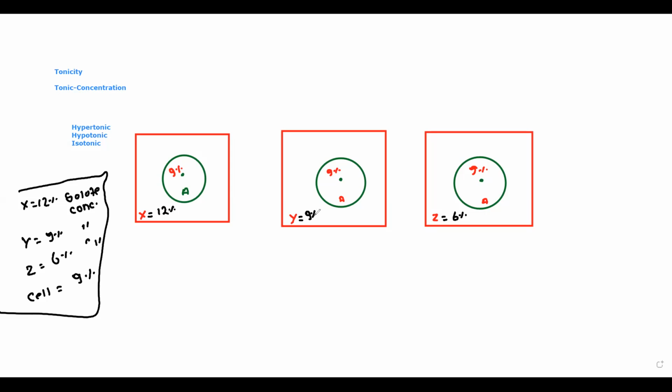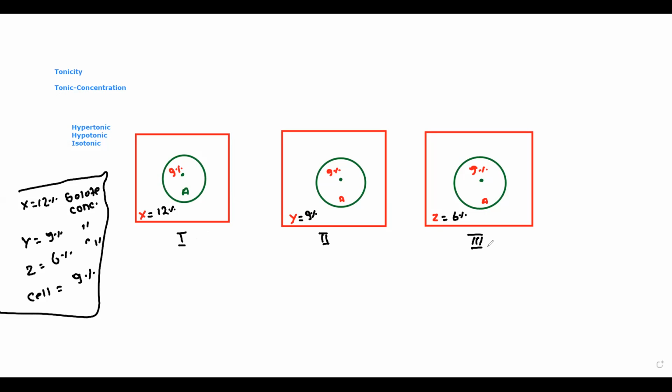So now tell me, suppose the first system, second system, and this is the third.